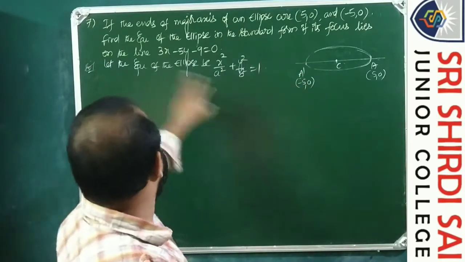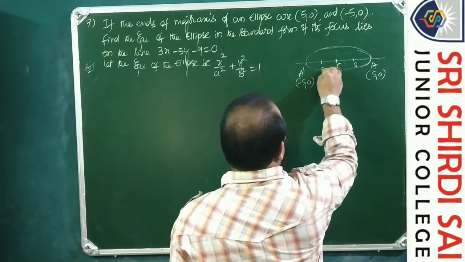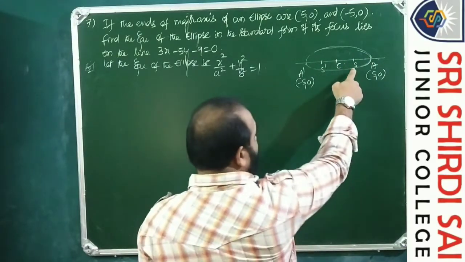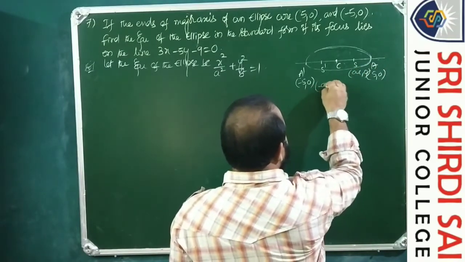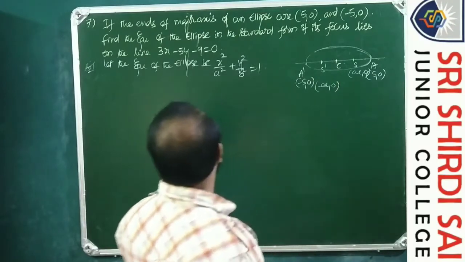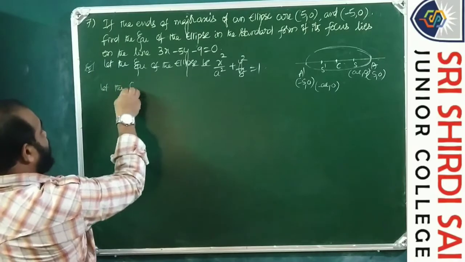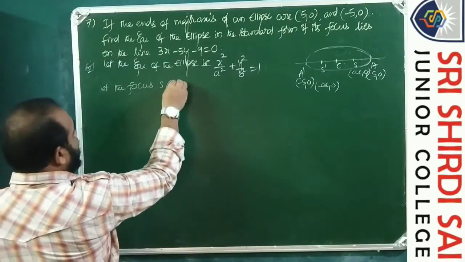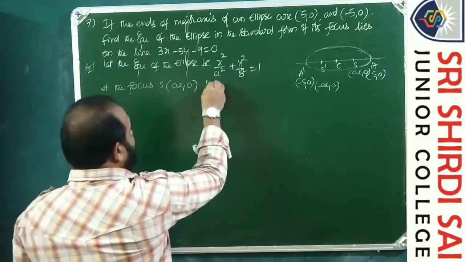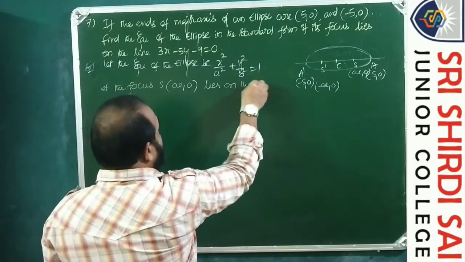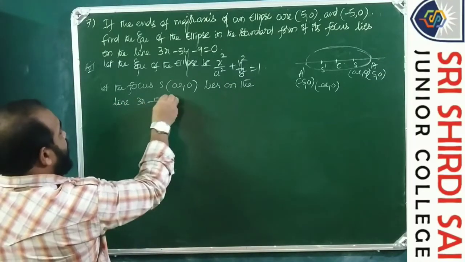If its focus lies on the line, let us take this as S dash, the foci. So if this is the focus, this is (ae, 0) and this is (-ae, 0). So let the focus S (ae, 0) lie on the line 3x minus 5y minus 9 equals 0.